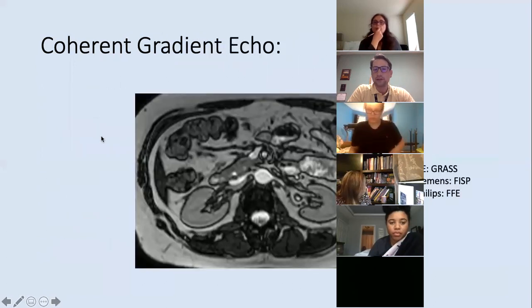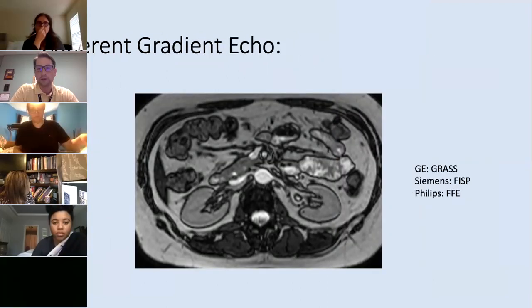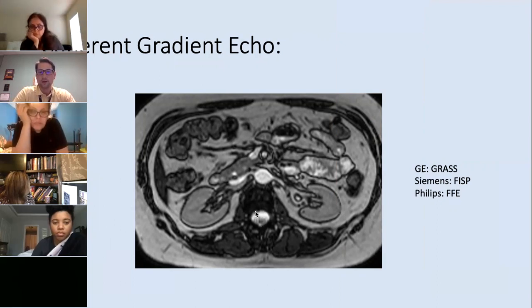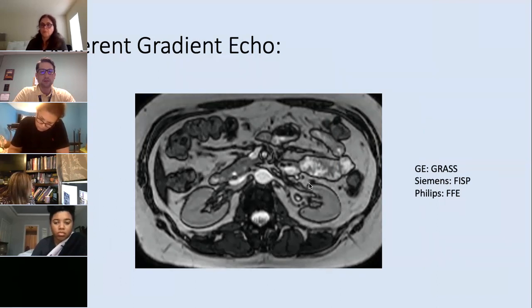So this is what it looks like. Coherent gradient echo. It's T2 star. So you know, you're still looking at the fluid. We know that the CSF fluid is bright. But just look at the areas surrounding the structures. There's this black band.